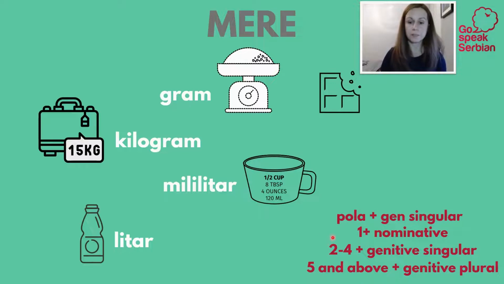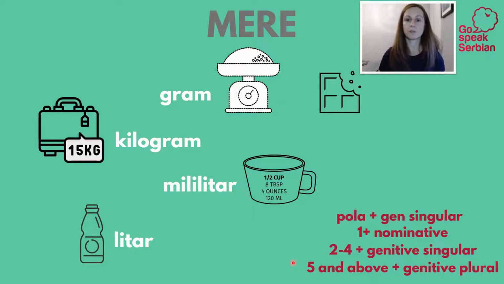as I mentioned previously in the video, after the number 1, we always use nominative case. After numbers 2 to 4, we use genitive singular. And after numbers 5 and above, we use genitive plural. Let me give you an example on the word čaša. Čaša is glass. So I can say popila sam 2 čaše vode. I drank 2 glasses of water.